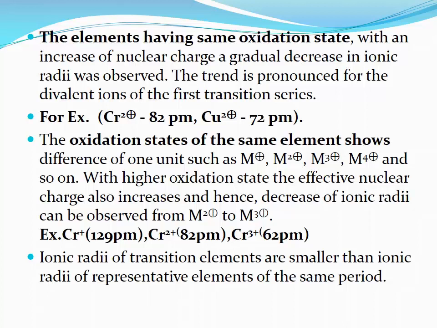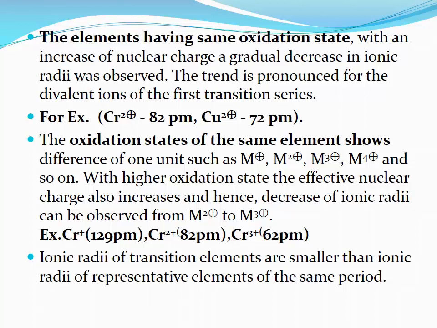Now we are going to compare the ionic radii of elements having different oxidation states. For example, Cr+ ion, Cr2+ ion and Cr3+ ion. Ionic radius of Cr+ ion is 129 pm, Cr2+ ion is 82 pm and that of Cr3+ ion is 62 pm.